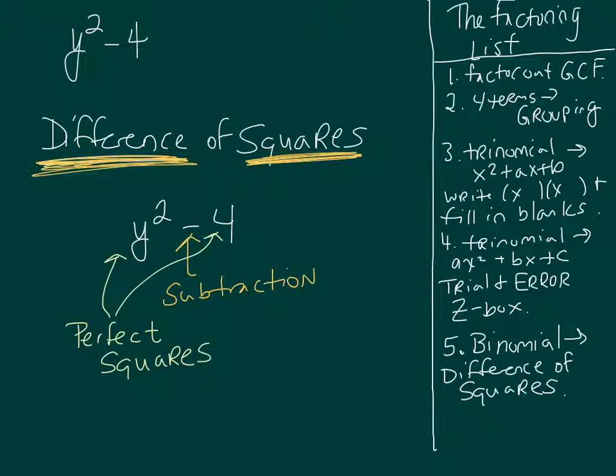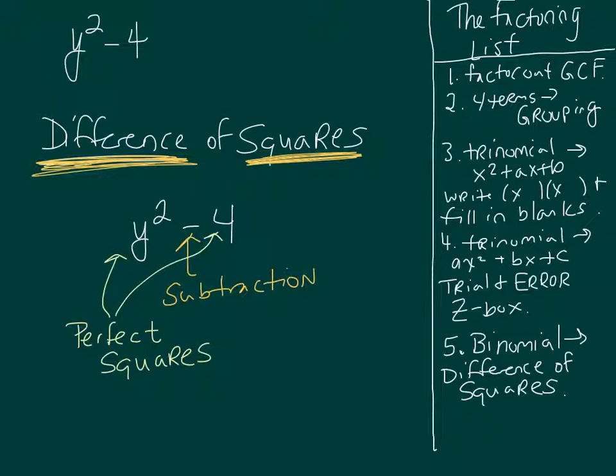Now, perfect squares are things that are squared that have a square root that is an integer, or a whole number. I'm not talking about decimals here.